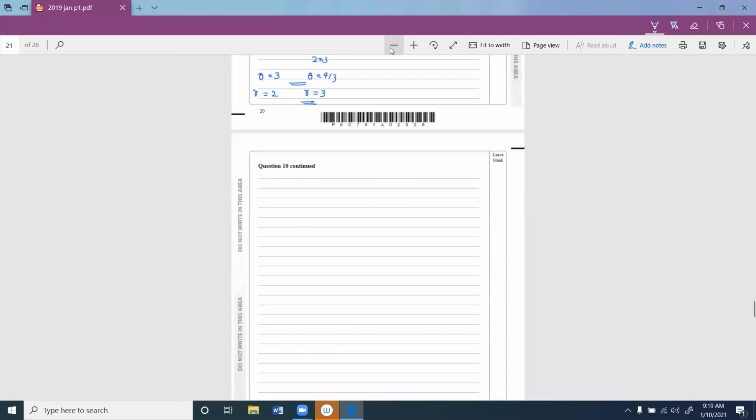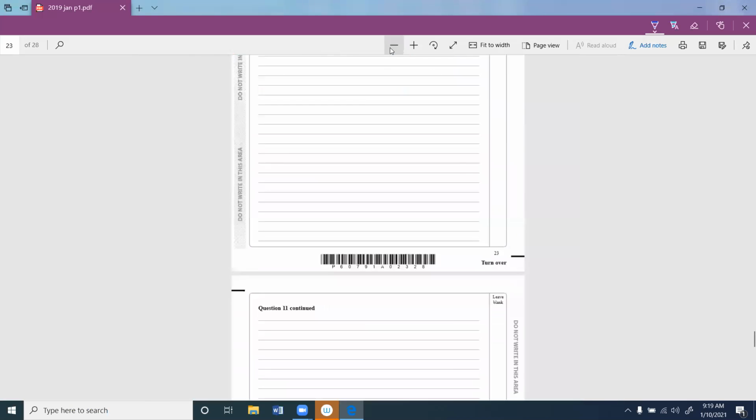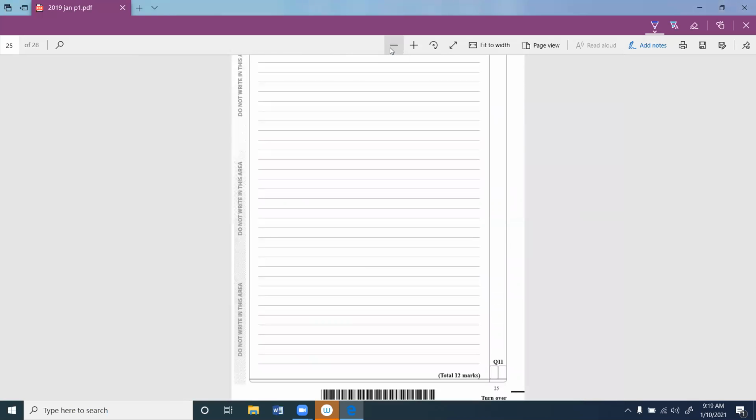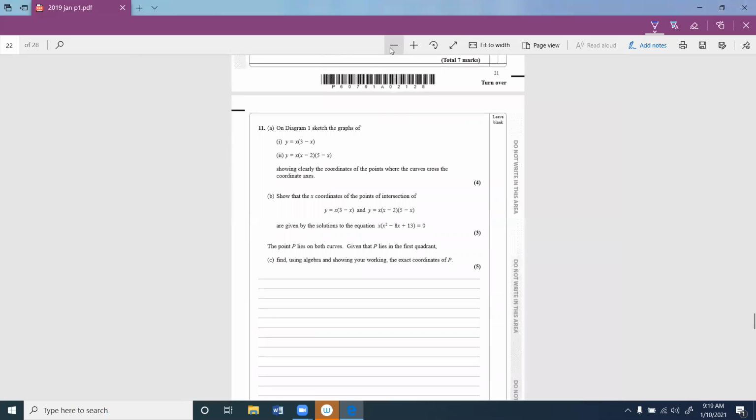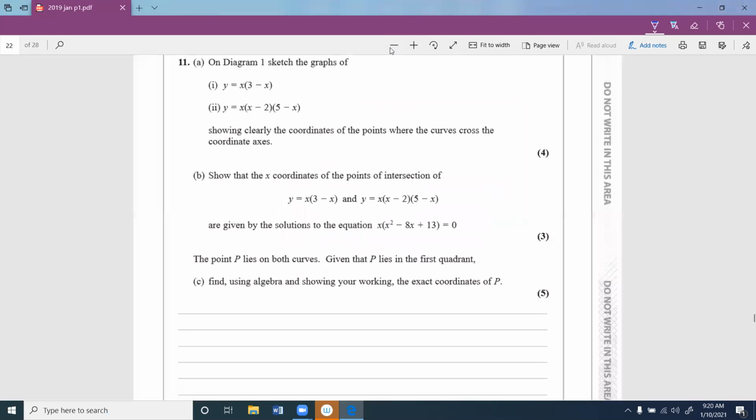Okay, then a little bit down, right over here. On diagram 1, sketch the graph of y equals x(3 minus x). If you expand this bracket, this is the graph of 3x minus x squared, right?